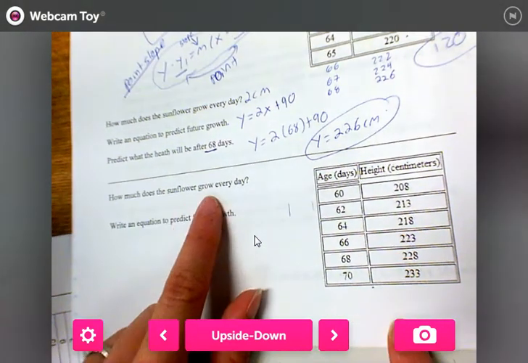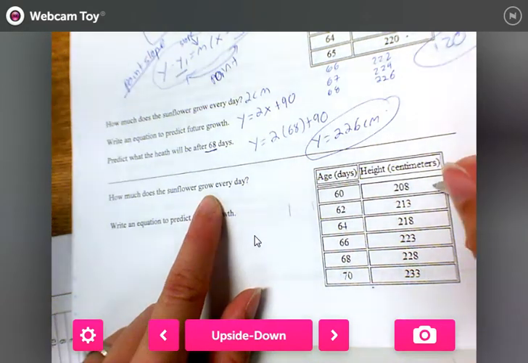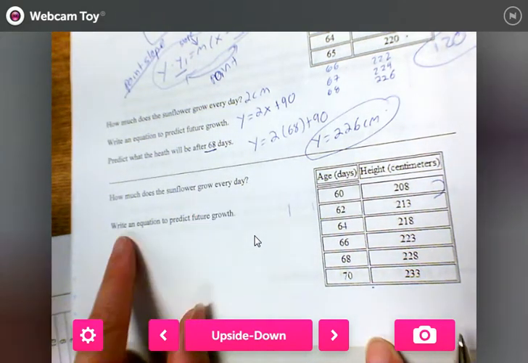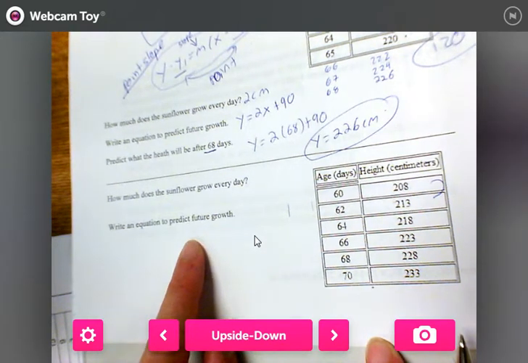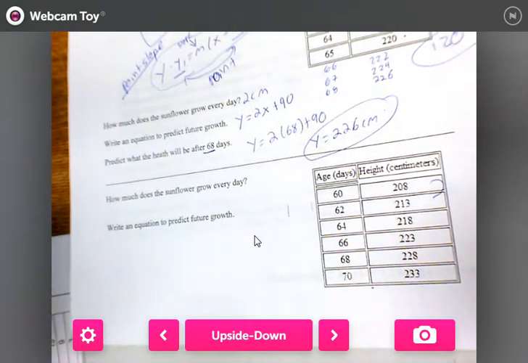How much does the sunflower grow each day? Remember how we found that out? Write an equation to predict the future growth. Okay, so I want you guys to try this one right now while I walk around to help. Picture that last problem. So figure out the slope.